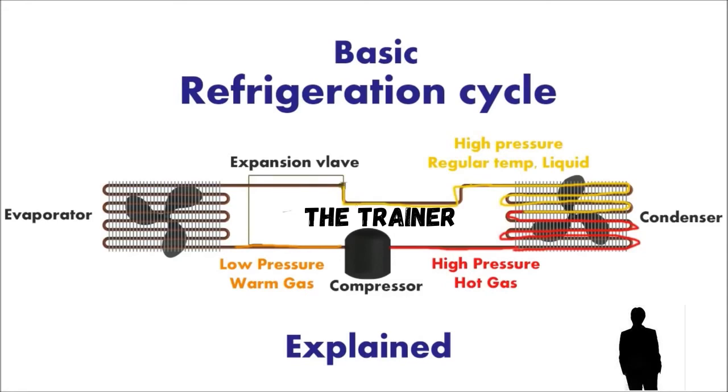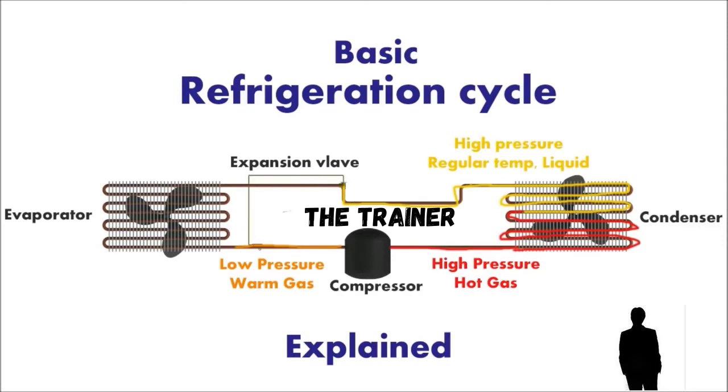So inside the valve body here is a diaphragm. And the diaphragm is connected to a thermal bulb over here on the exit of the evaporator, and it's connected by a capillary tube, that thin tube just there.